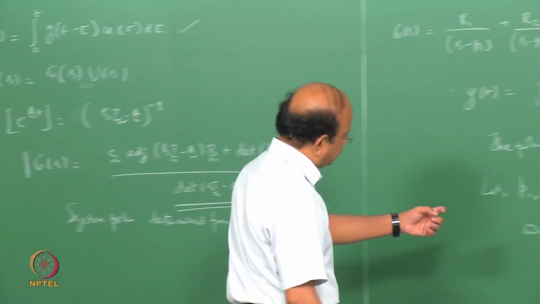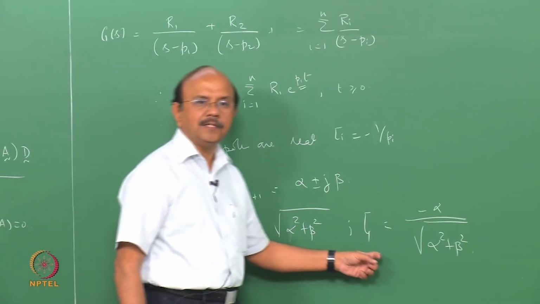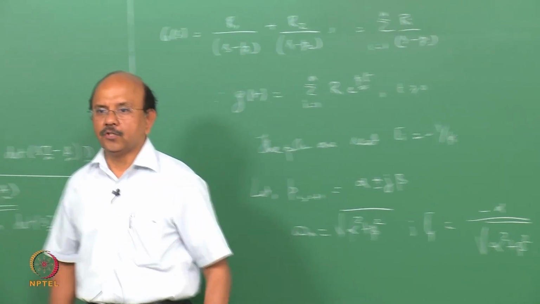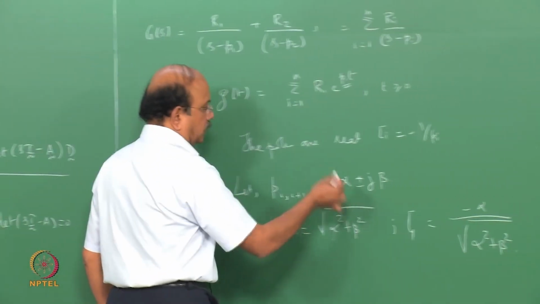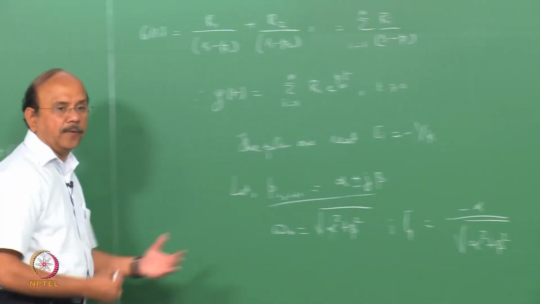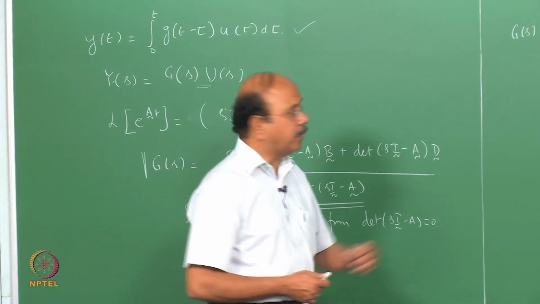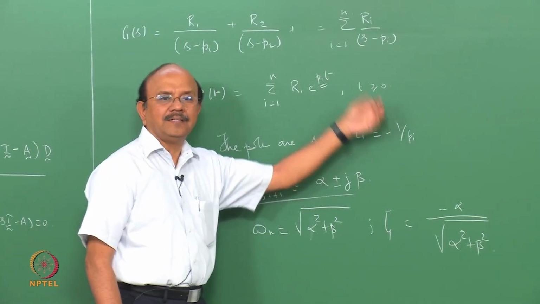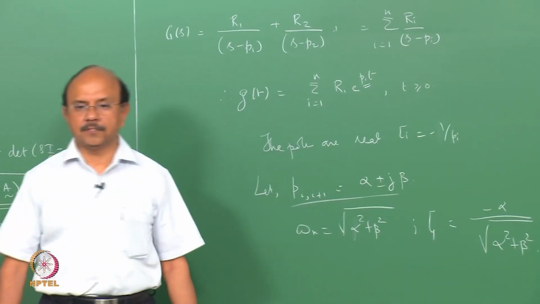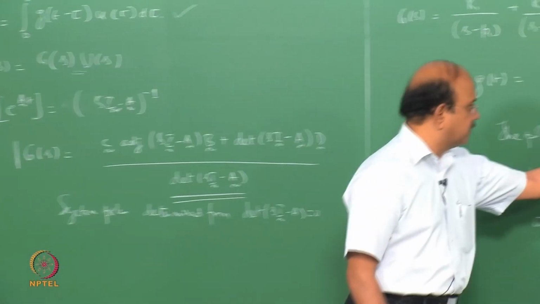For example, omega n is the natural frequency and zeta is the damping ratio. So the relationship between the poles, of course you know that they have to be complex conjugates, or they can be only real, in which case you are looking at the time constant and so on, that is given by this time.